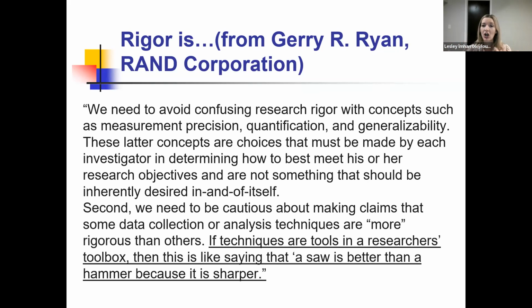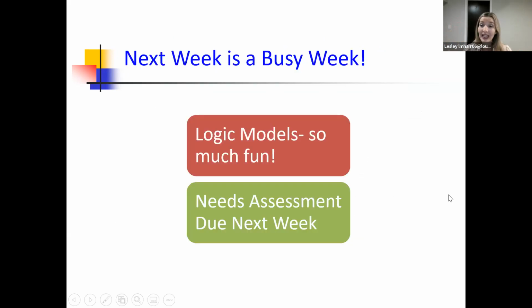If techniques are tools in a researcher's toolbox, then this is like saying a saw is better than a hammer because it is sharper. Often rigor is evaluated based on criteria from a quantitative world, and we as qualitative researchers don't subscribe to the same standards of rigor. Our rigor is different. So today you learned how to do some rigorous qualitative data analysis through using first cycle and second cycle coding strategies.